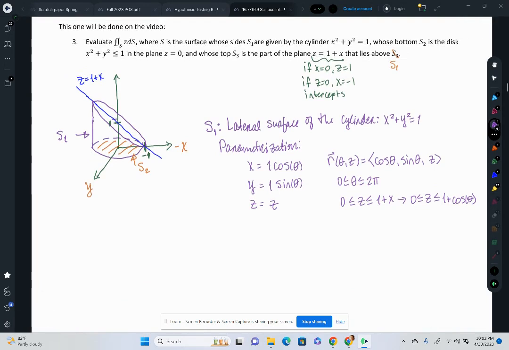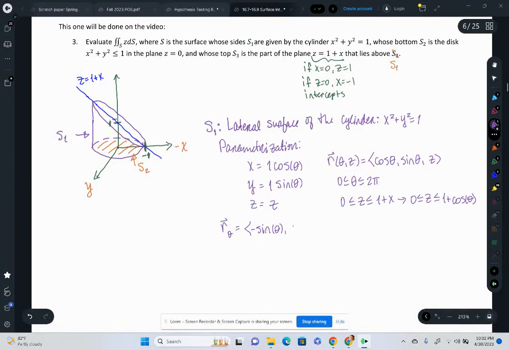I need to get my cross product. So let's see. This gives us bounds. Let's go with R sub theta. R sub theta is going to give me, I look at my R of theta Z. The first component is cosine of theta. The derivative of that is minus sine of theta.